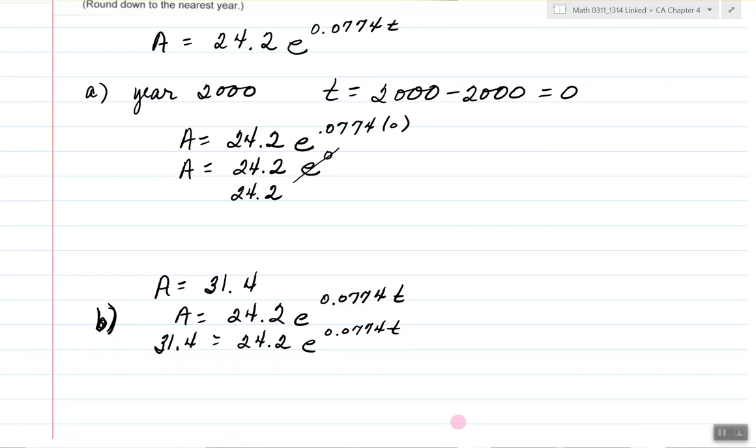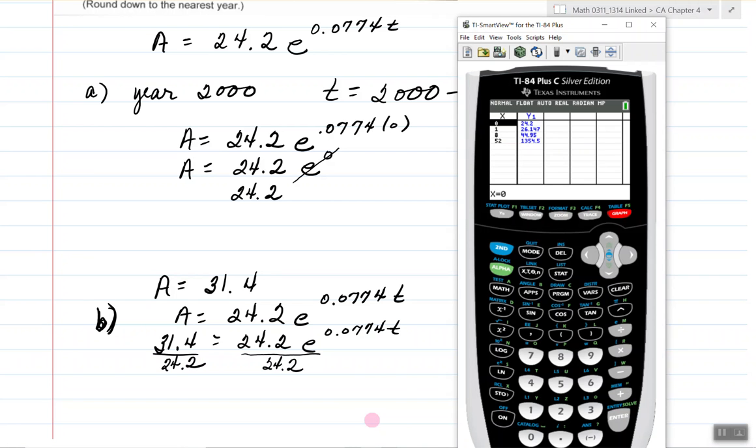Let me get a little more space. All right, I'm going to isolate the exponential. So I'm going to divide by 24.2, divide by 24.2, and I have 31.4 divided by 24.2. Well, that's a pretty messy number.